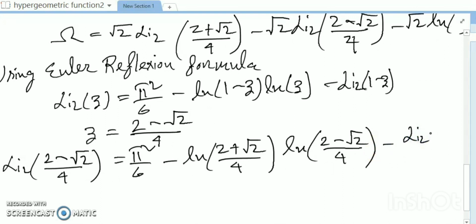So this is the formula, and I apply it here. Whatever I get is the value of omega.